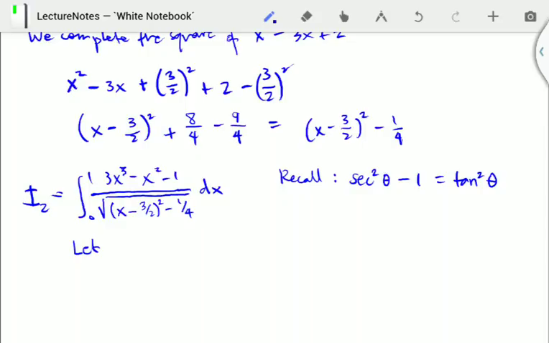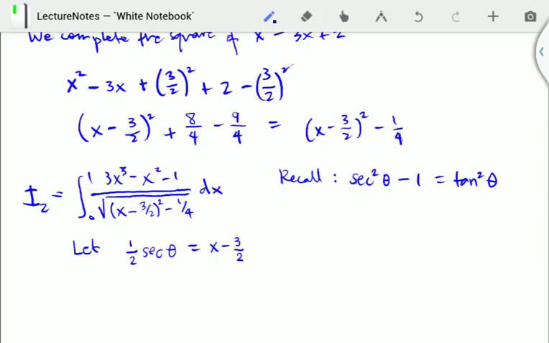We let, okay, instead of x being secant, which is the typical problem, what we now have is we let the entire x minus 3/2 be a trigonometric function, in this case secant, and more importantly, since this is minus 1/4, not minus 1, we make it such that our secant has an extra factor. Okay, so what we do is we let 1/2 secant theta be equal to the entire x minus 3/2.